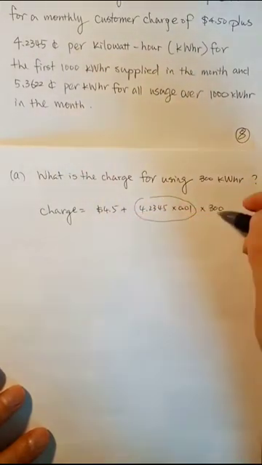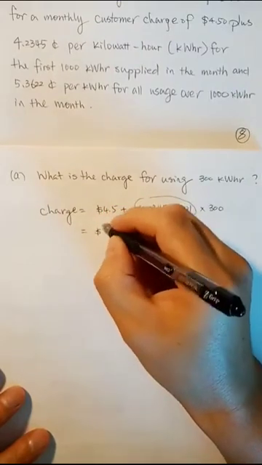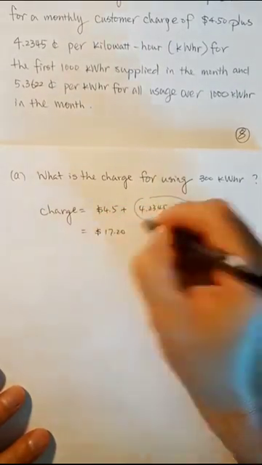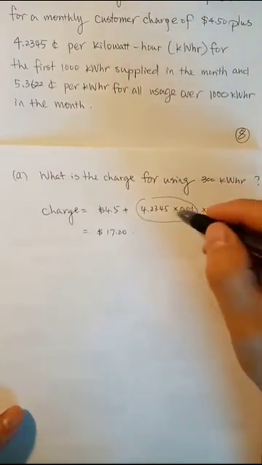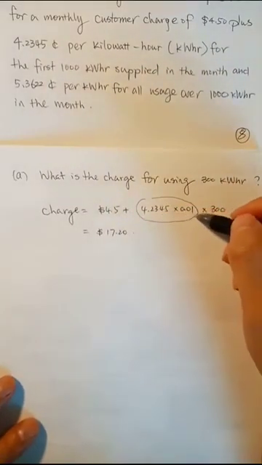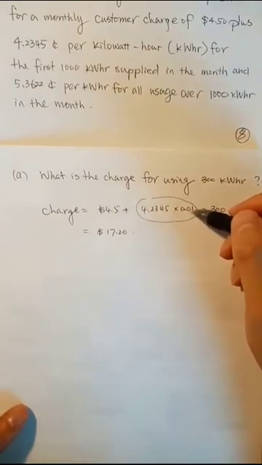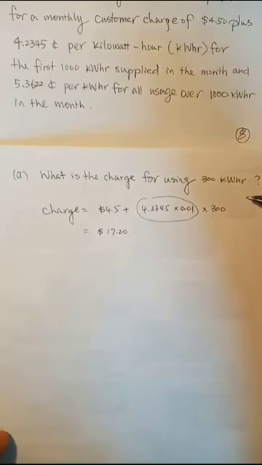So that's the computation. You use the calculator. It's about $17.20. Okay, so you have to unify the units. Here you use dollars, here you use cents. You change the cents to dollars by multiplying by 0.01.